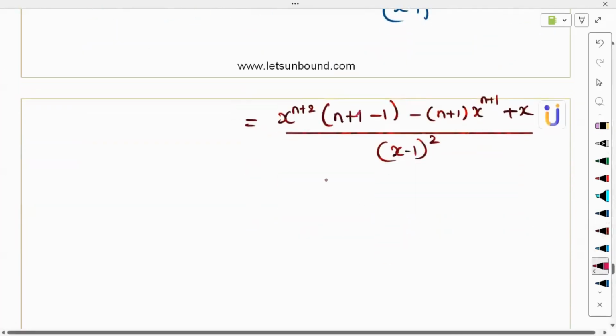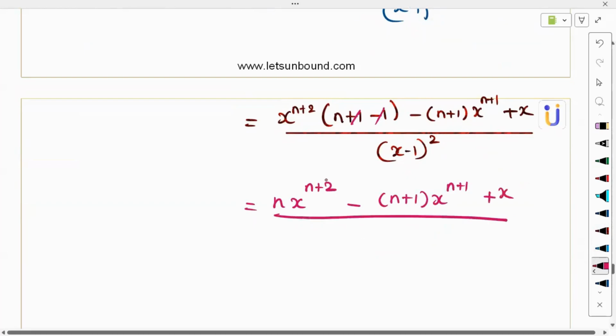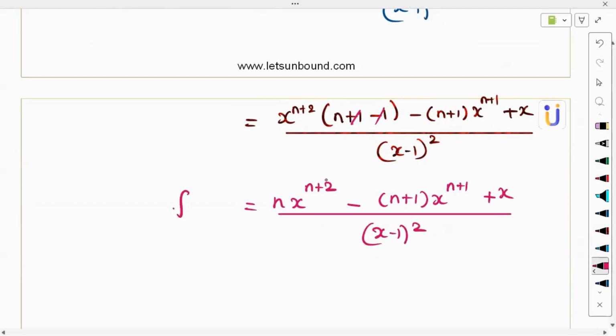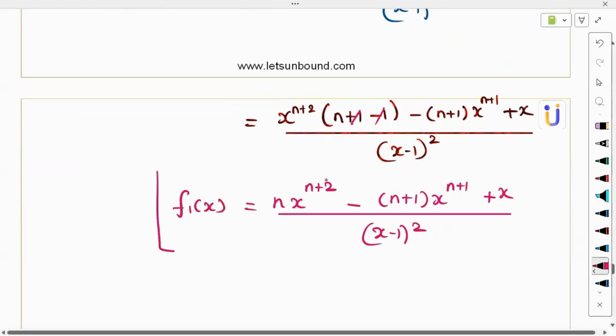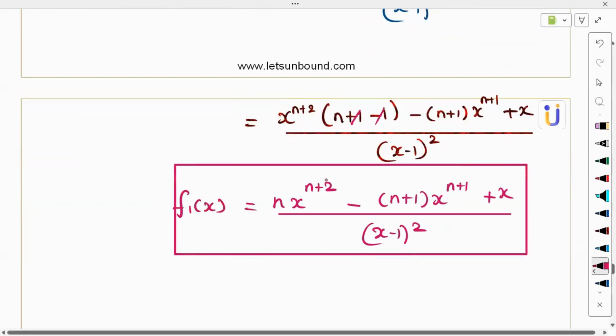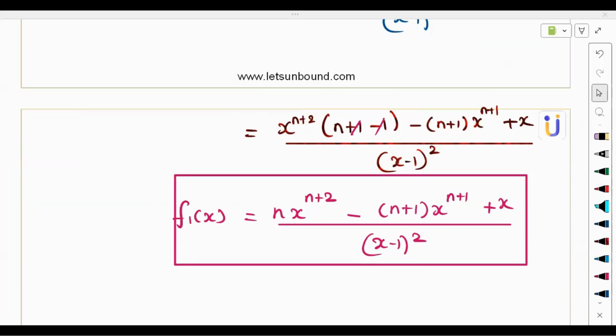Plus 1 minus 1 will get cancelled and we got (n x^(n+2) − (n+1) x^(n+1) + x) divided by (x − 1) the whole square. I think we have simplified as much as possible and this is the result we have to prove: n x^(n+2) − (n+1) x^(n+1) + x by (x − 1) the whole square.